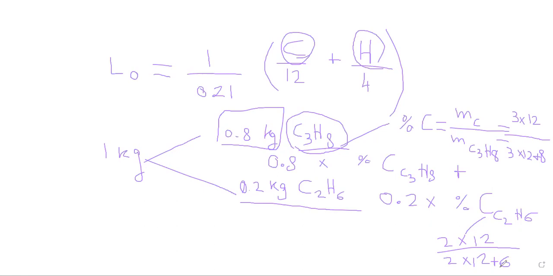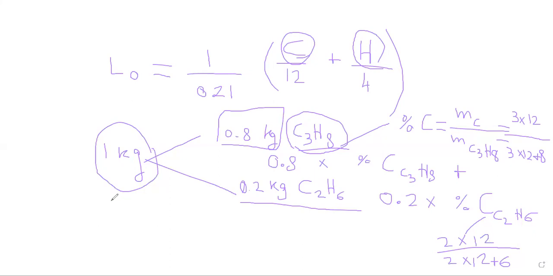Okay, so once you have determined these two percentages, all you have to do is sum the two masses, and then you get the total mass of carbon present in 1 kilogram of the mixture.